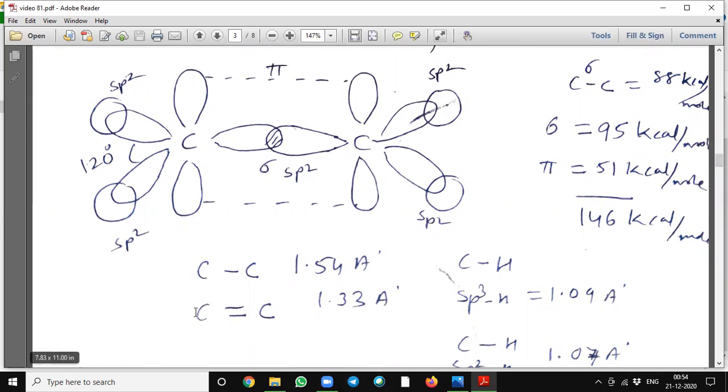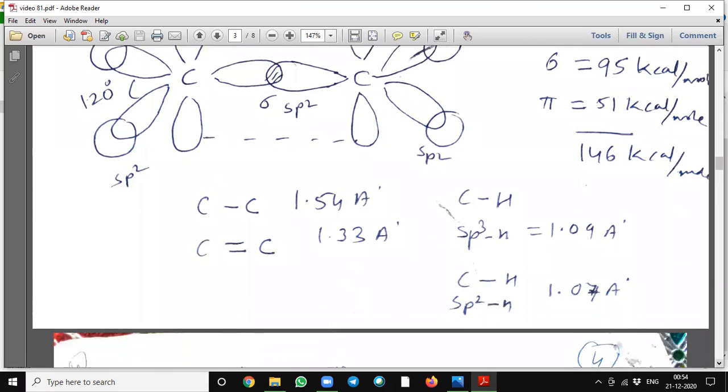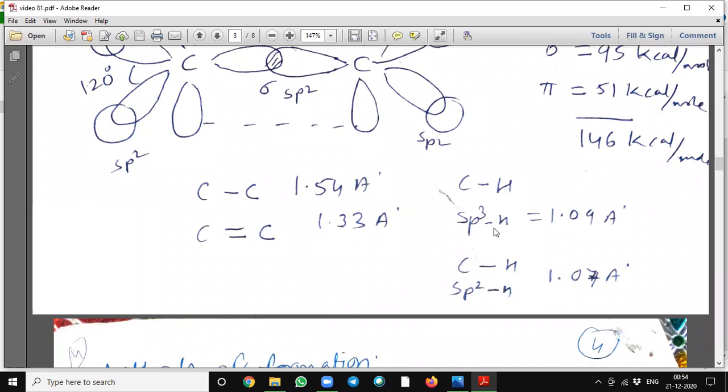Here in the carbon double bond, the length is slightly decreased. It is 1.33 angstrom. Carbon-hydrogen bond length is also affected. In sp3, it is 1.09. In sp2, it is 1.07.